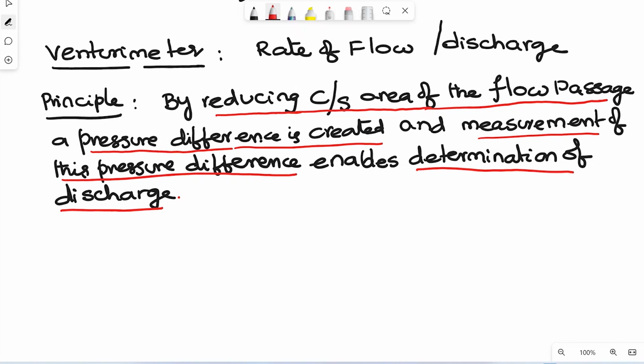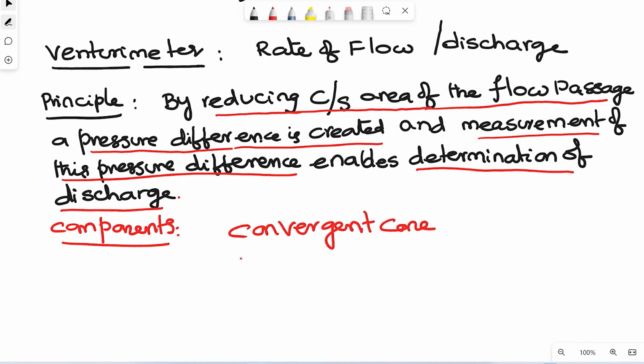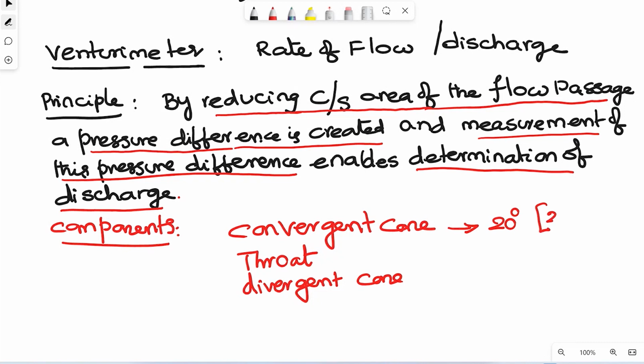So what are the various components of a venturimeter? The components are: number one, convergent cone; number two, throat; number three, divergent cone. These are the main three components. The convergent cone is such that the angle of convergence will be approximately 20 degrees. It may vary from 21 degrees plus or minus 1 degree.